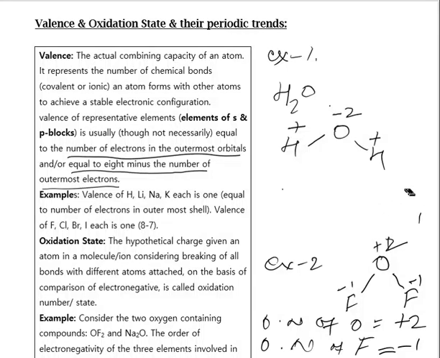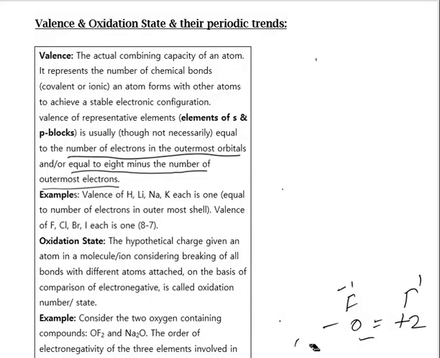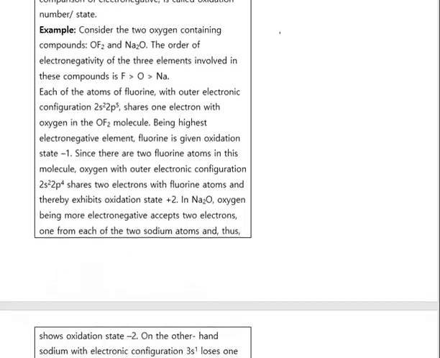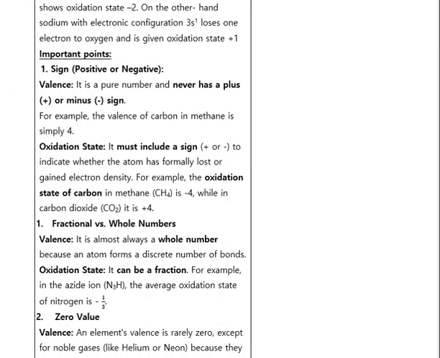Okay, now next. So till this time we understood the definition of oxidation number and the definition of valence. Now let us consider some important points regarding oxidation number and valency.